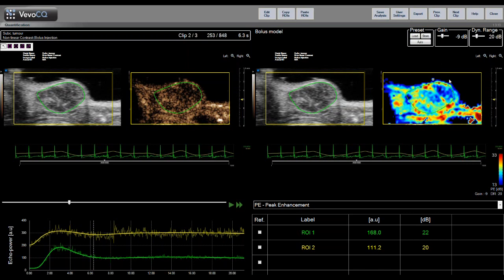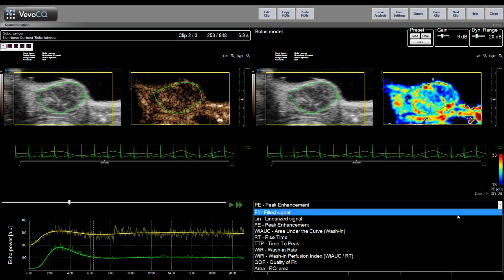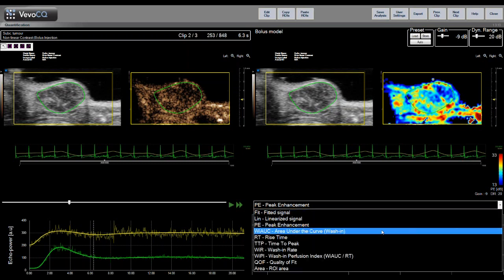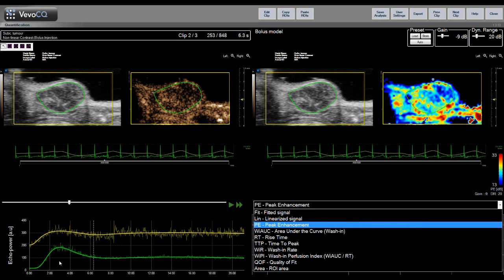So if you want to compare between animals, make sure that you always use the same gain settings on the top right here.